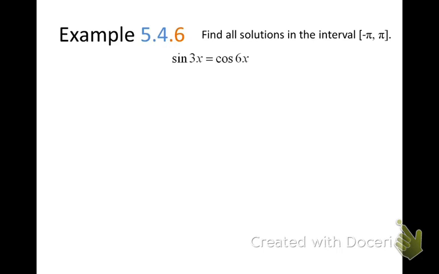What I want to do is say I've got the sine of 3x equals, and I'm going to rewrite this cosine as the cosine of 2 times 3x. And I'm going to apply double angle with the 3x.